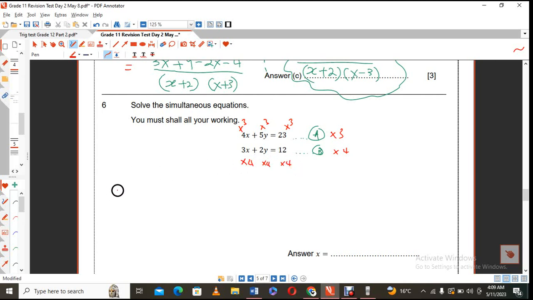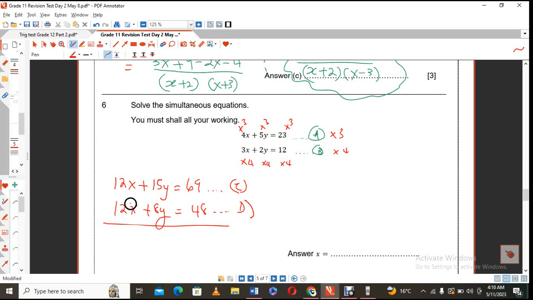When we do the first one on top, that is 12x plus 15y equals 69. Maybe we can call that equation C. When we do the next one, that is 12x plus 8y equals 48. That is 4 times 12. This could be D.